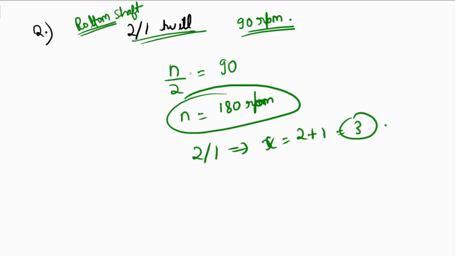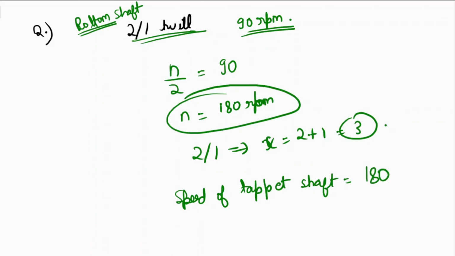Since you have to calculate the speed of the tappet shaft, for the tappet shaft you calculate n by x. N by x means 180 upon 3. So 60 RPM is the answer. I think it is clear.